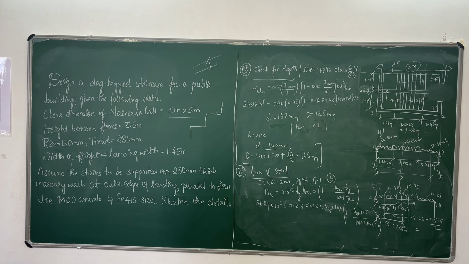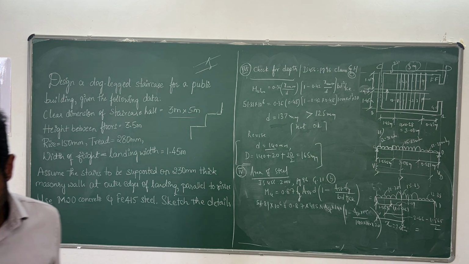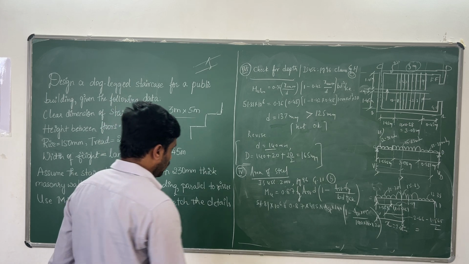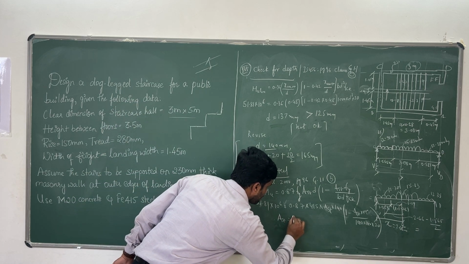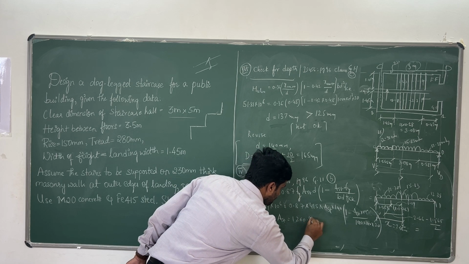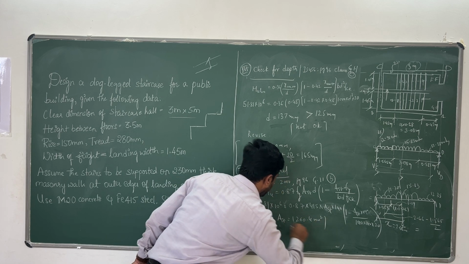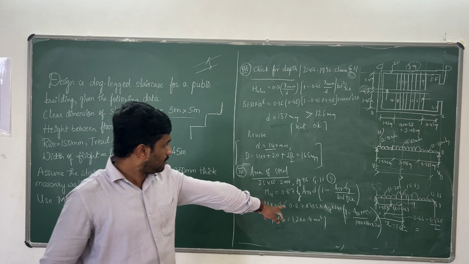What is the Ast? Compute Ast. 1260. Please check. 1260.4 mm square. Clear?